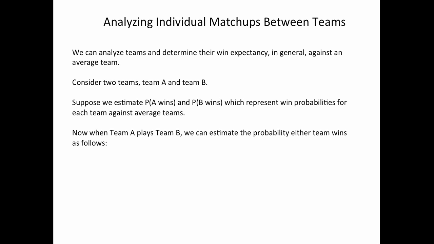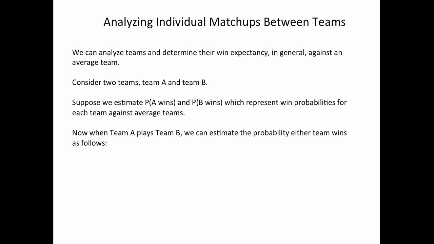Okay, and then I'll say another word or two about analyzing individual matchups between teams. We can analyze teams and determine their win expectancy in general against average teams. You could start with their percentage of games won, and just use that as a first starting point.